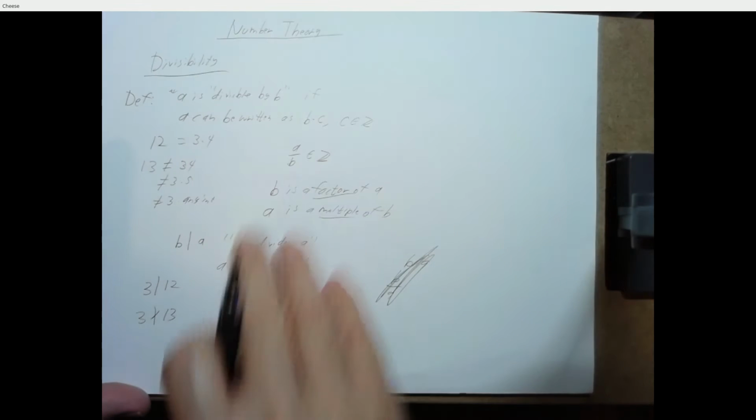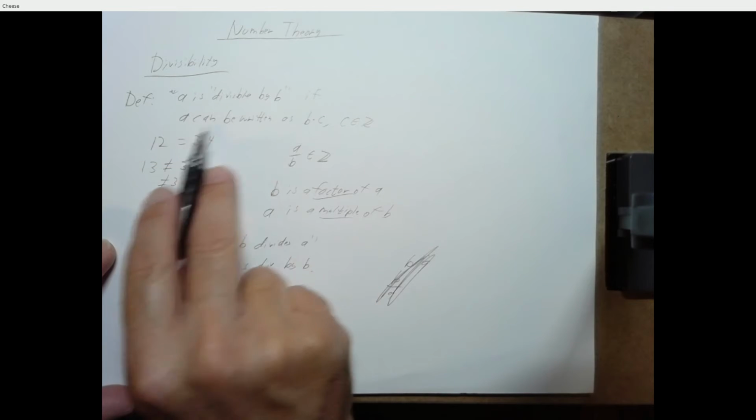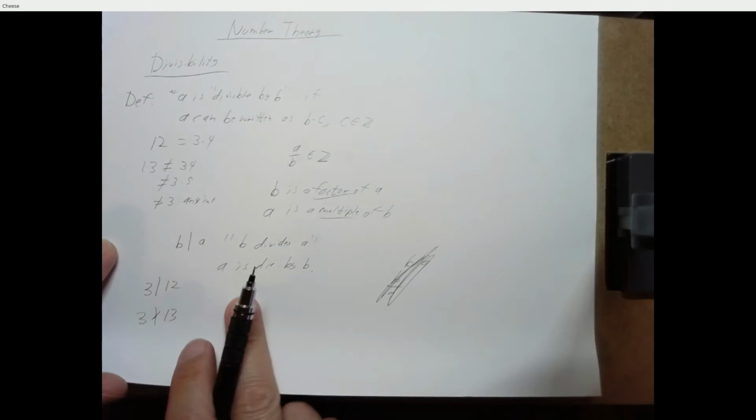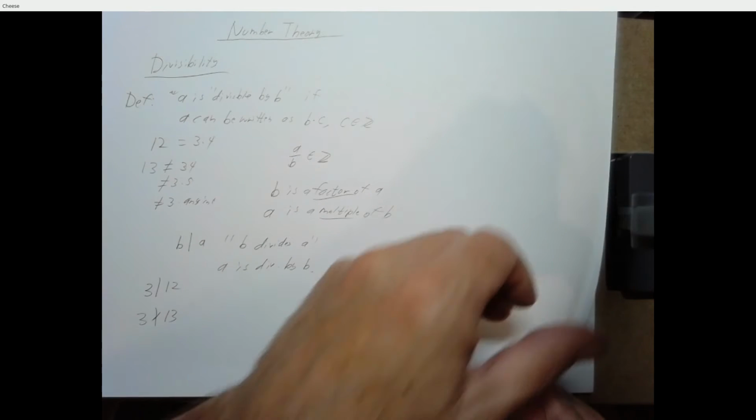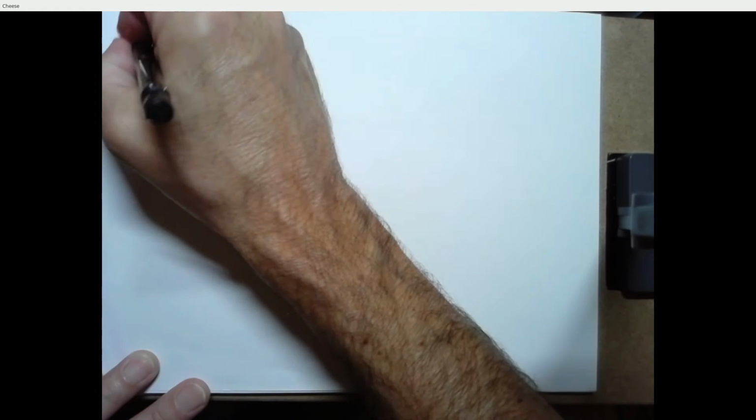With this simple definition, A is divisible by B if A can be written as B times some integer. With just that definition, we can start spinning some pretty powerful proofs. So, for example, here's a theorem.